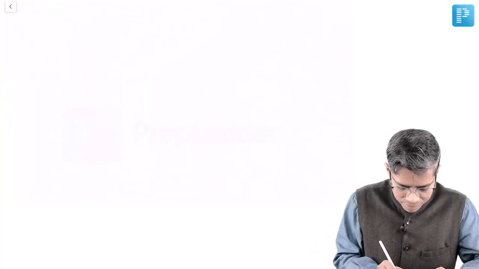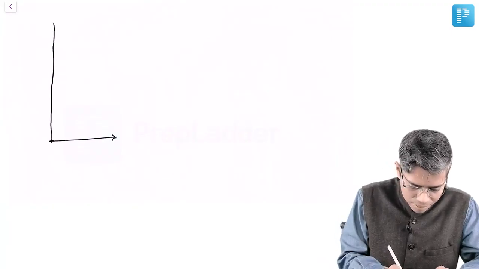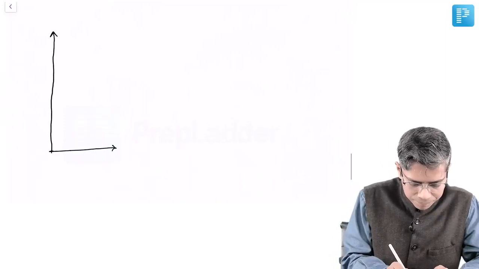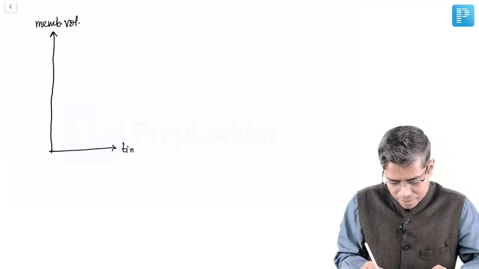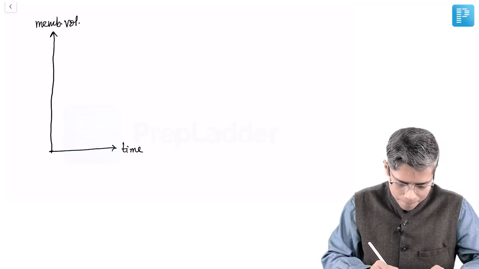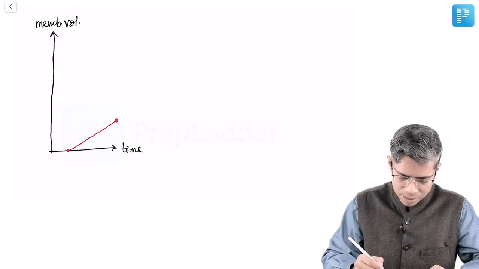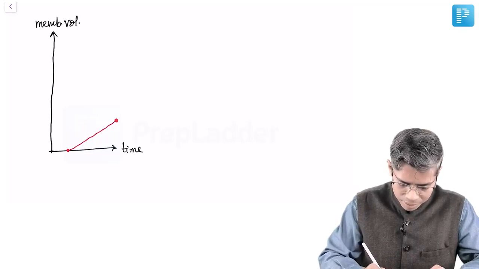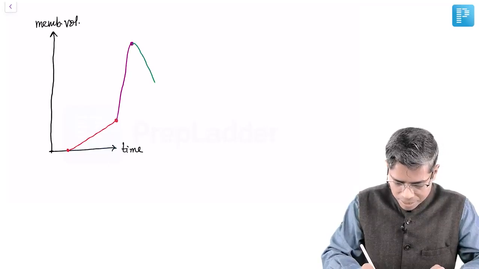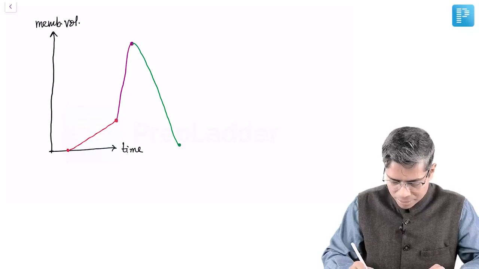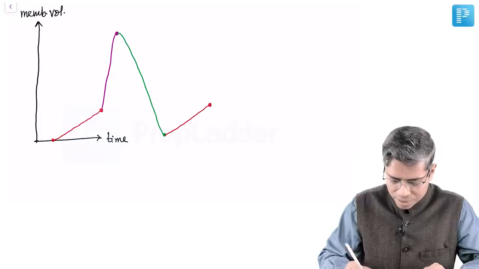So I'm drawing this diagram first. The x-axis is the time axis and the y-axis is the membrane voltage. I told you already that the membrane voltage will first rise from minus 65 to minus 40 millivolt, and then there will be generation of phase number 0, and then phase number 3 returns back to minus 65, and again phase number 4, or the pre-potential phase, will be generated.